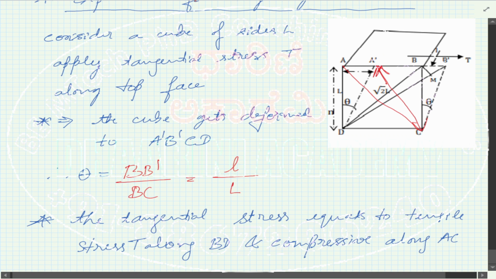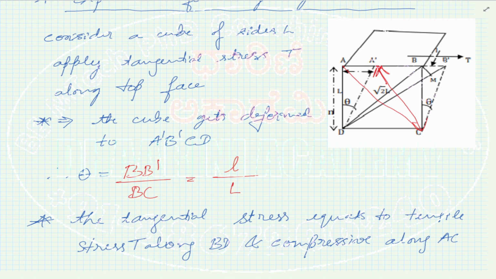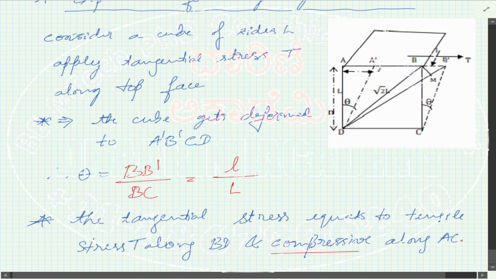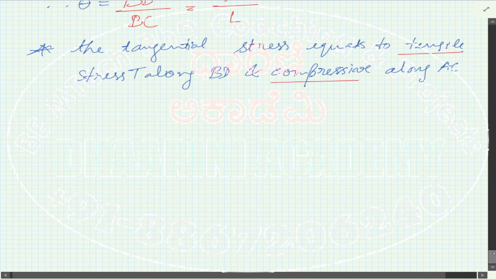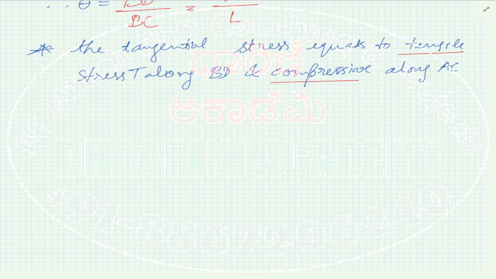I can see that this is a smaller length compared to the original AC. So that's why we call that compressive along AC and tensile stress along BD. Very straightforward. By just looking at the diagram, we understand this.